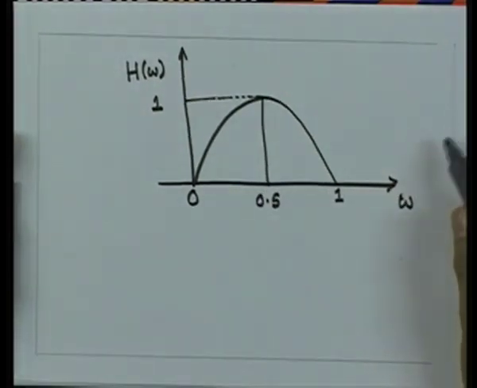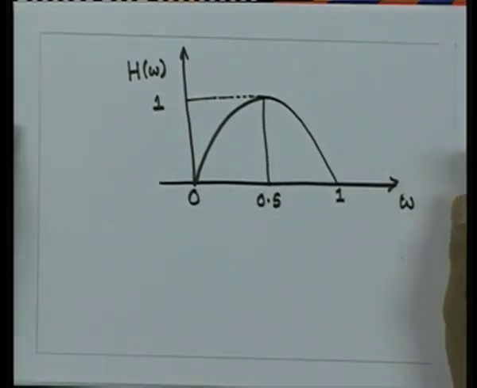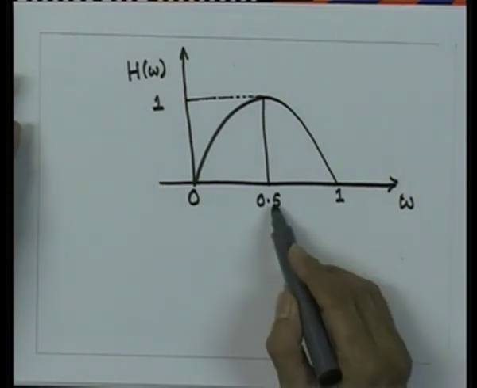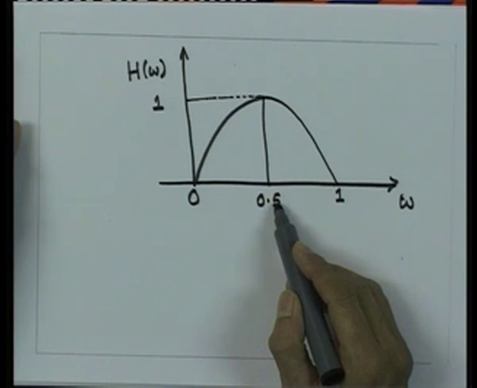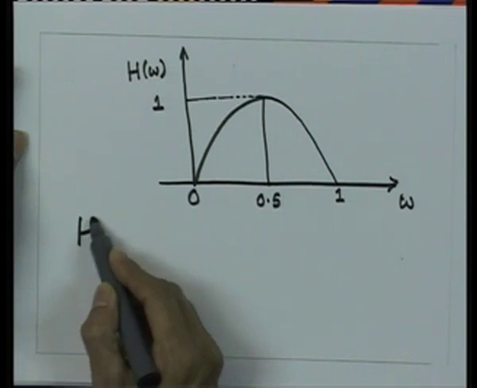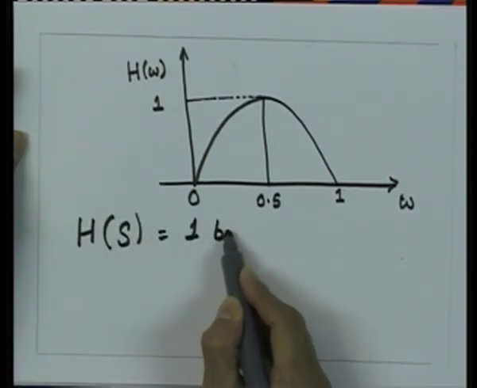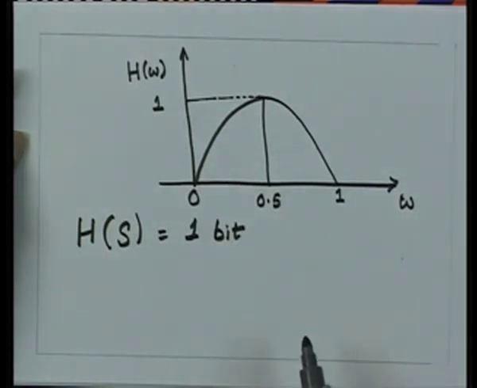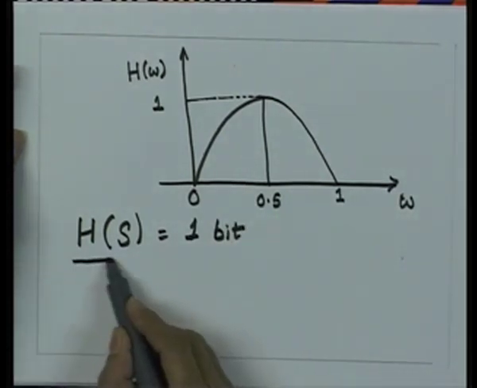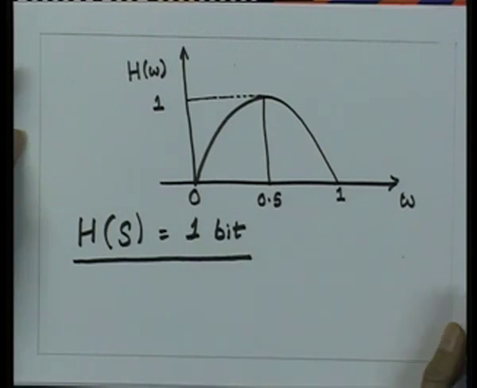So, for a zero memory binary source, if I have probability of 0 and probability of 1 both equiprobable, equal to 0.5, then the entropy of that zero memory binary source would be nothing but equal to 1 bit. So, this is the maximum entropy I have for a zero memory binary source.